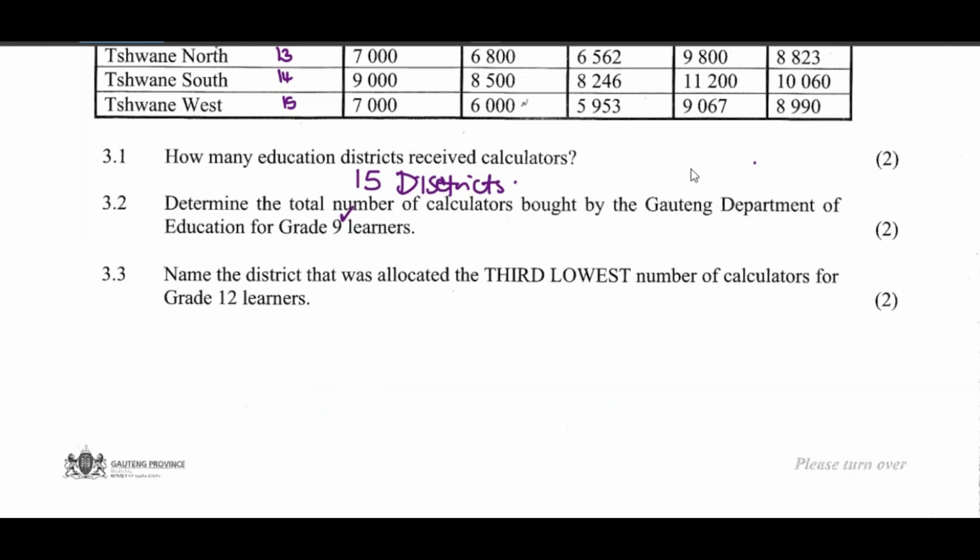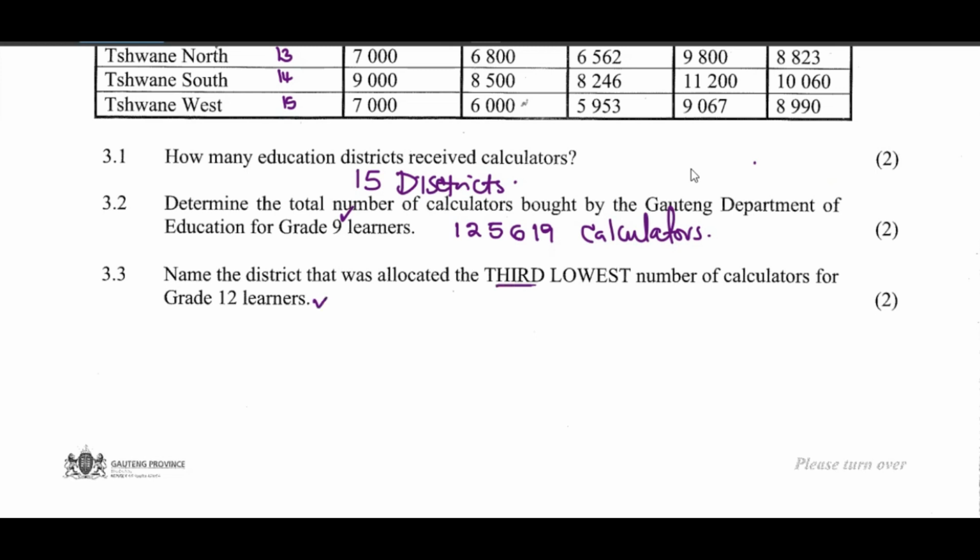So when you add all those numbers, you end up having 125,619 calculators were bought.